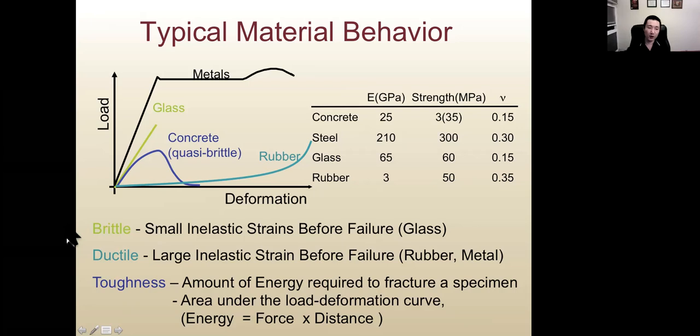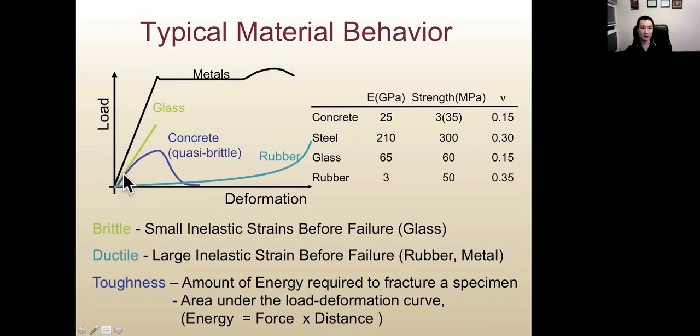Another new word we should discuss here is called toughness. I'm not sure if you have known this word before, but here in mechanics of materials, toughness is defined as the amount of energy required to fracture a specimen. In a load and deformation curve, the toughness can be easily calculated as the area under the curve.